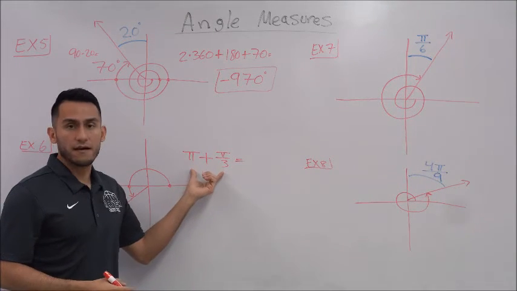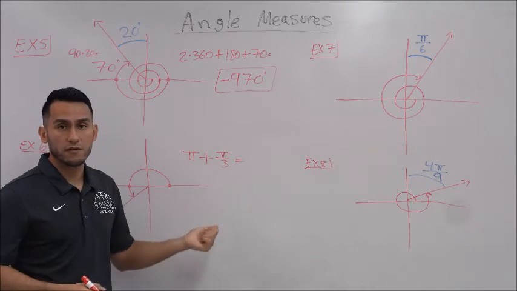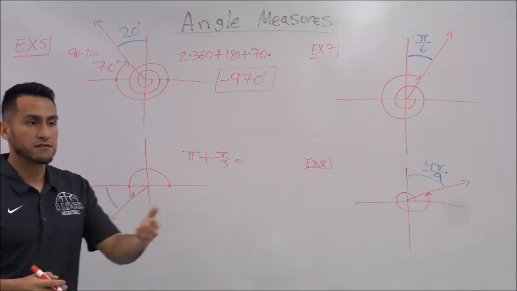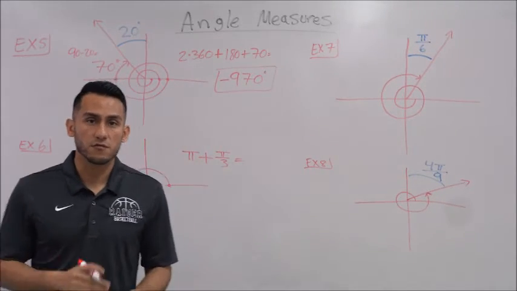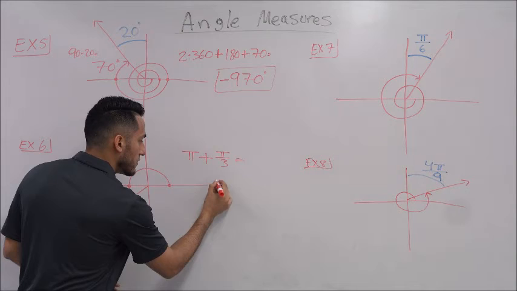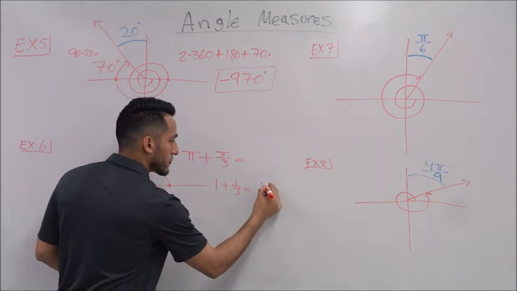Now, if you're not good at adding fractions, this is going to be like adding 1 plus 1 over 3. If you're not familiar with that, I mean, we have these TI calculators, and these calculators can pretty much do it for you. So if you're in the classroom, you can just add 1 plus 1/3, and the calculator will do it for you. You should get 4/3.